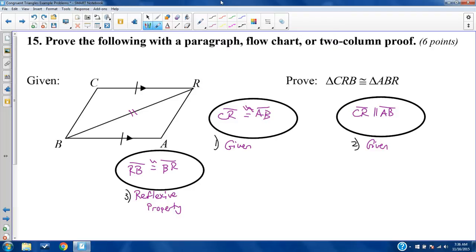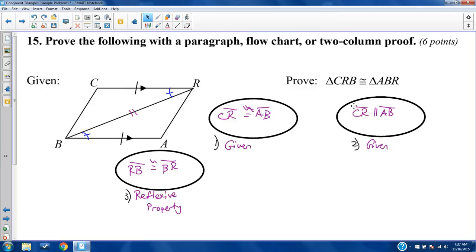Now, this parallel line one does help you find something. And what does it help you find? Well, we talked about it in one of the first sets of problems here. When you have parallel lines and a transversal somewhere, you probably have sets of triangles where you can find alternate interior angles to be congruent, such as this angle, CRB, being congruent to this one right here, ABR. When these lines are parallel, these alternate interior angles are congruent. Now, these lines are not parallel, therefore I cannot say this angle is congruent to this one. But I can say these ones here.